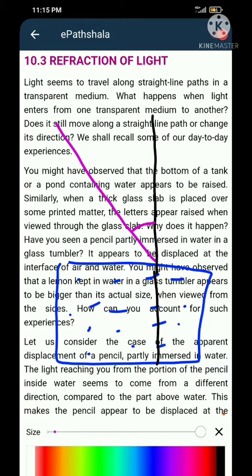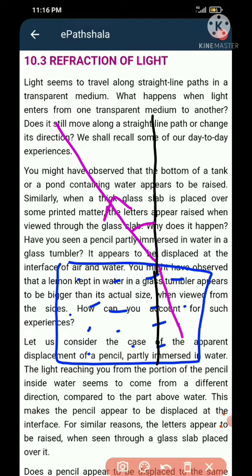It does not go directly straight; it bends a little bit inward. So whenever it goes from a rarer medium to a denser medium, it bends in, or just the reverse, from a denser medium to a rarer medium, it bends away, like this. So this is the refraction of light.